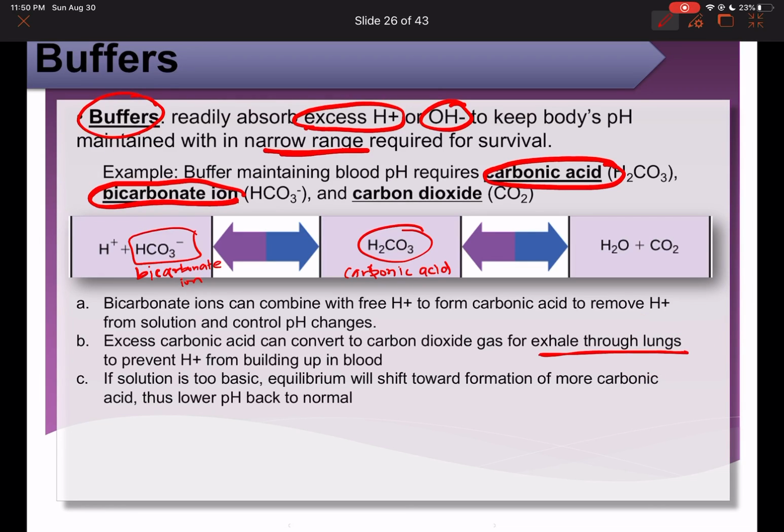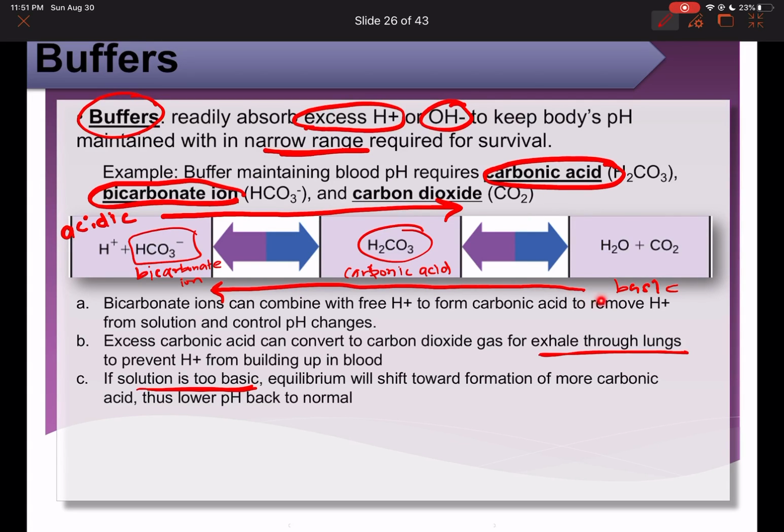Now, if it's the other way around, where the solution is too basic, then the equilibrium will shift backwards this way. If it's too acidic in the body, the buffer system drives the equilibrium that way. If it's too basic, it drives the equilibrium backwards this way, depending on whether your body is too acidic or too basic, to maintain a stabilized pH.